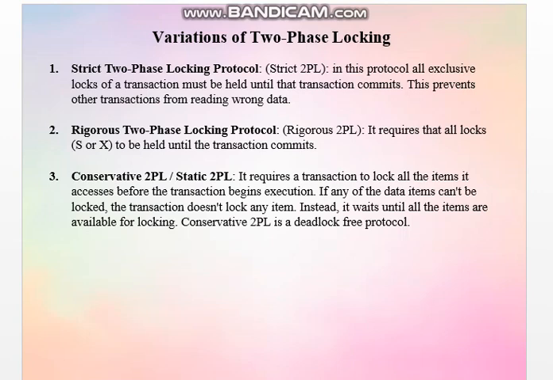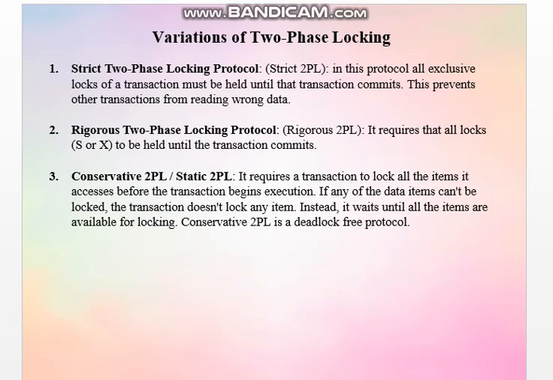So the transaction has to wait for the other transaction to release the data item which it wants. But at that time there may be a situation of deadlock, because that transaction is waiting for another transaction, and maybe that transaction is waiting for yet another transaction.